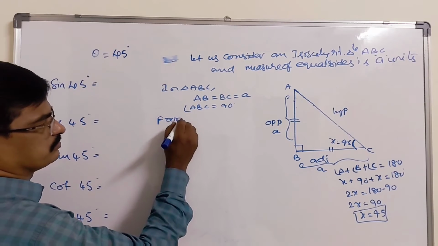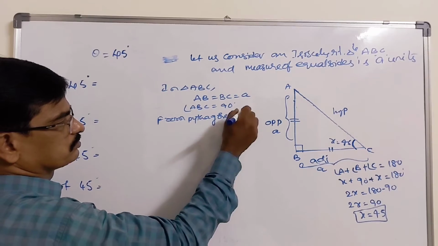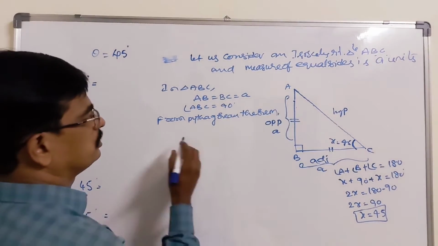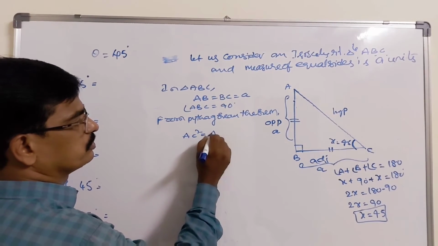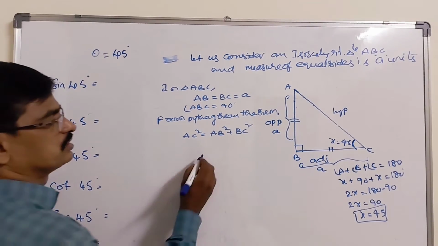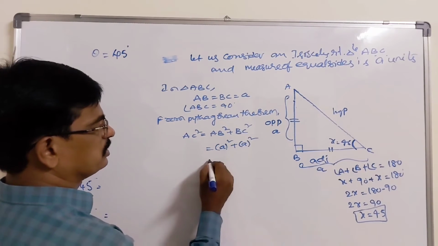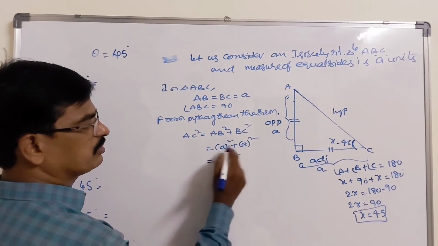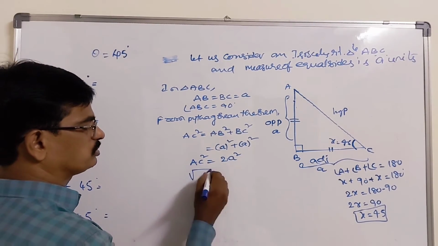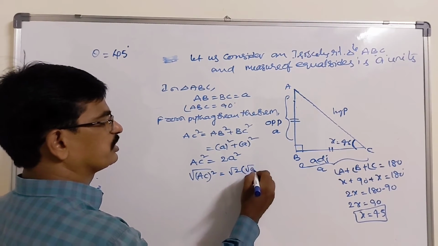From Pythagorean theorem, AC square is equal to AB square plus BC square. AB square is a whole square, BC square is a whole square. Then a square plus a square becomes 2a square. By taking square root on both sides, we get root 2 times root of a square.